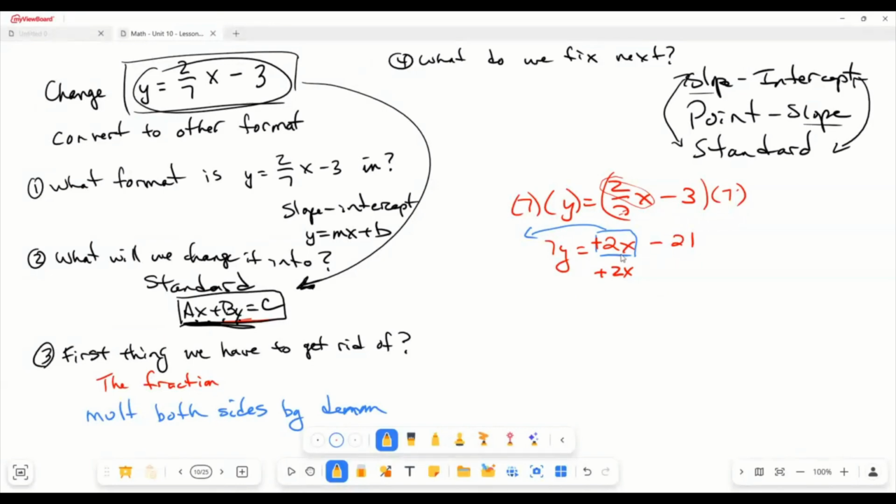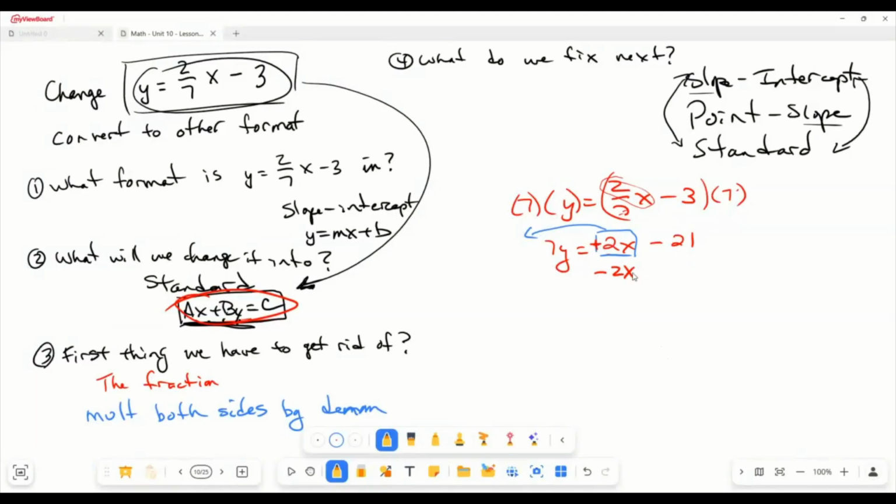Then I still got x's on the right side of the equation. Subtract, yes, subtract 2x. We're trying to move towards getting the x and y on the same side. So we have to look at, how do I get rid of the 2x on the right? It is being added to the negative 21.